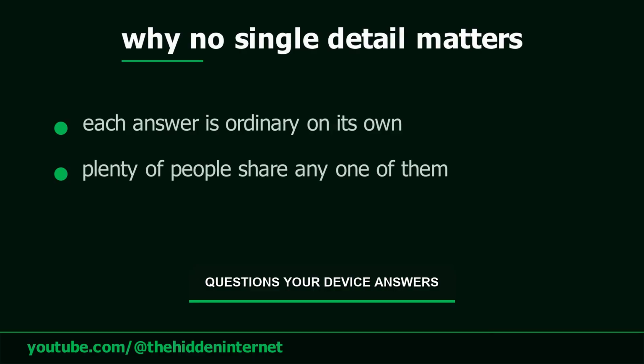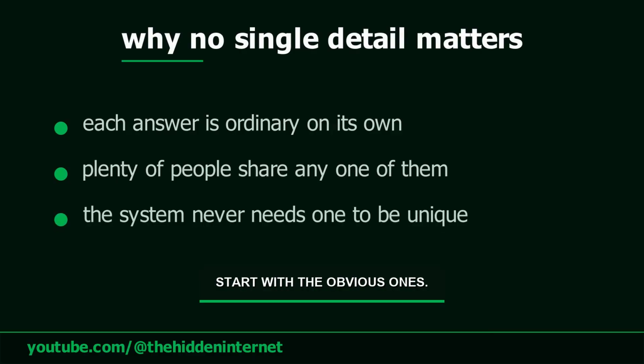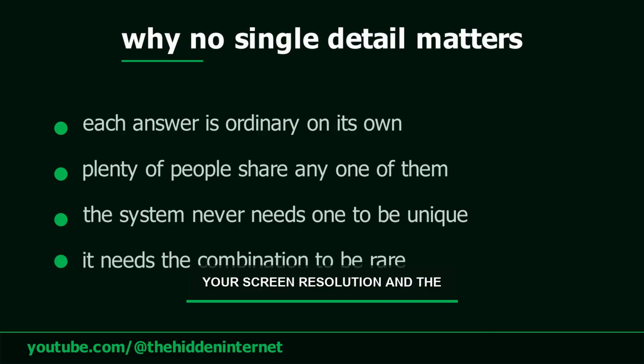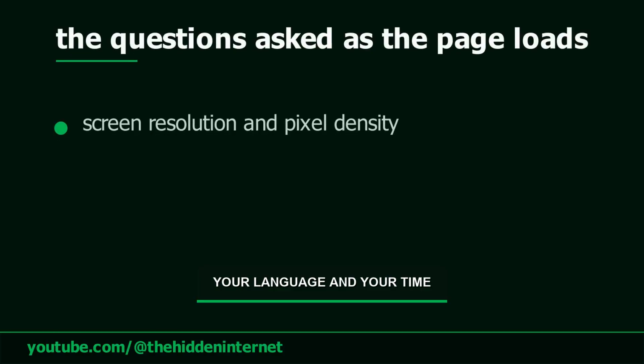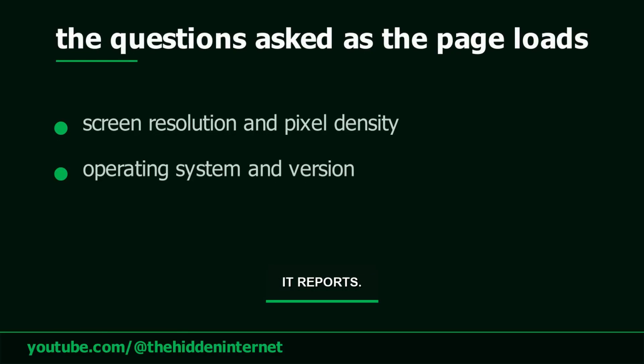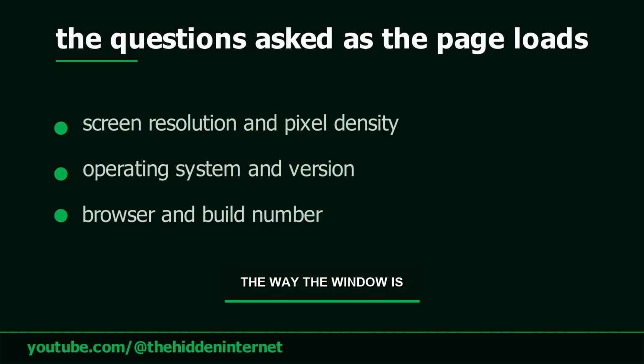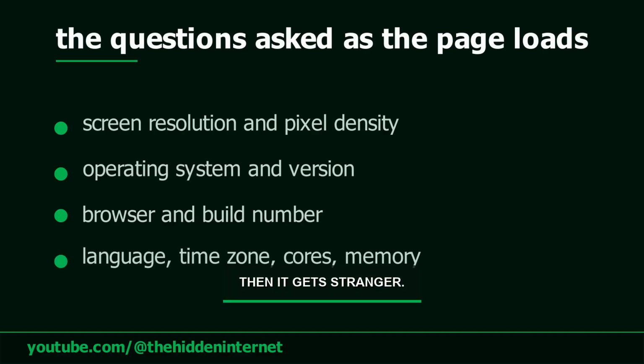The questions your device answers. Start with the obvious ones: your screen resolution and the exact pixel density, your operating system and its version, your browser and its build number, your language and your time zone, your device memory and how many processor cores it reports, the battery, the touch support, the way the window is sized. Then it gets stranger.